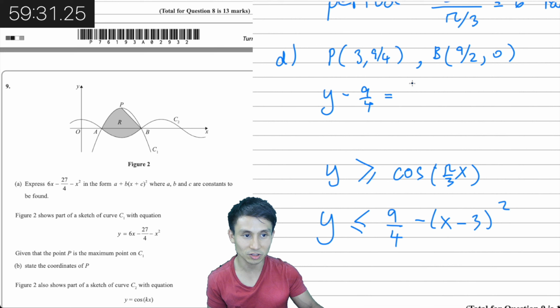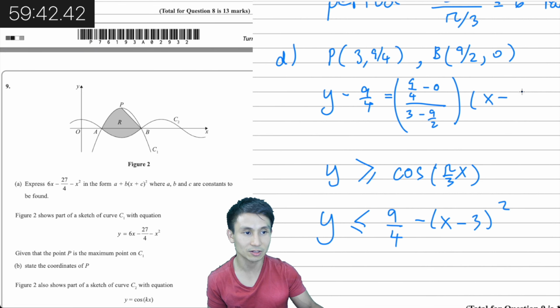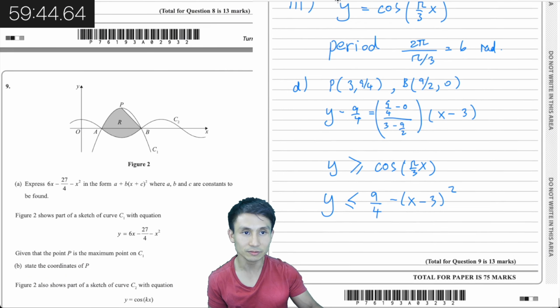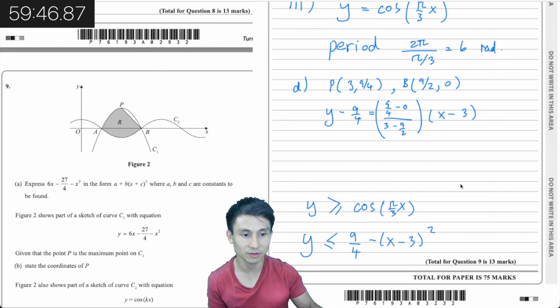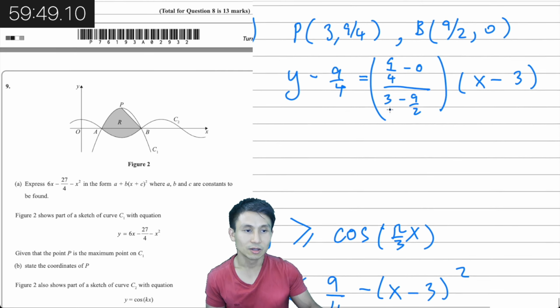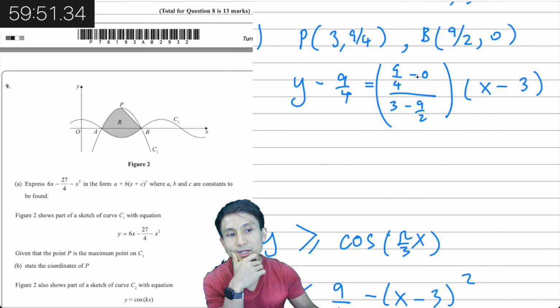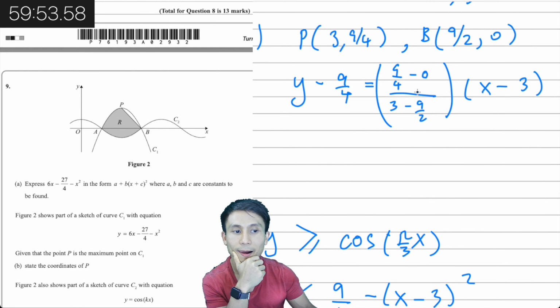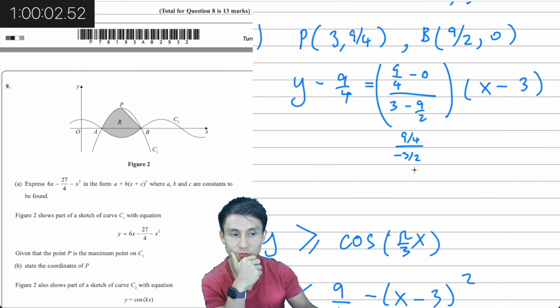For the gradient, I'm just going to do delta y over delta x right here. Delta y, that minus that, divided by that minus that. And then here we have x minus x1, which is that. So we need to find the equation of that first. The gradient part here is 9 over 4 over 6 minus 9, which is minus 3 over 2.